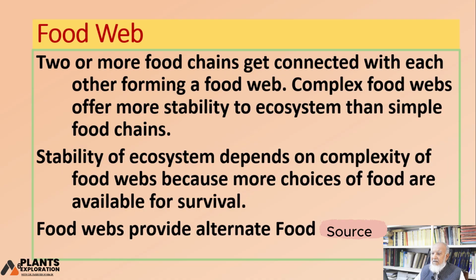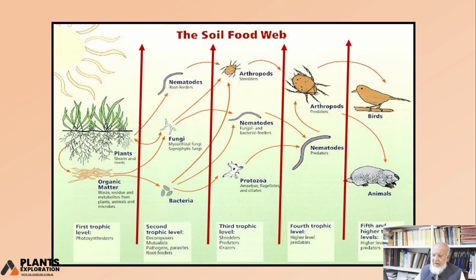This is again, I have given you a complex soil food web. You can see that the bottom line, first level is the trophic level, second level is decomposers level, third level is a shredder level, fourth level is the higher level, or fifth level is then various organisms.